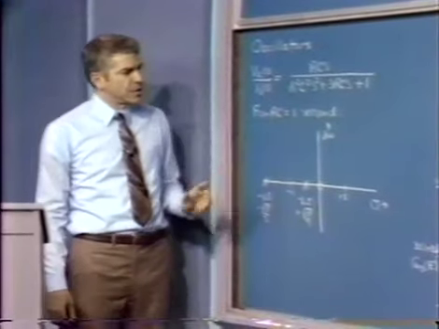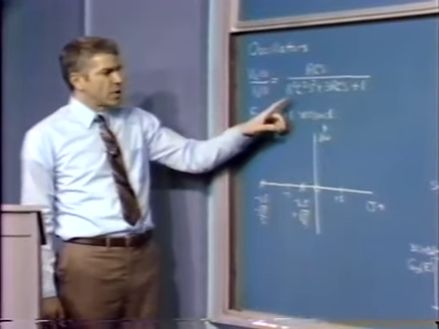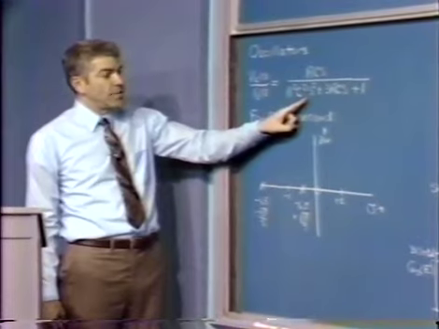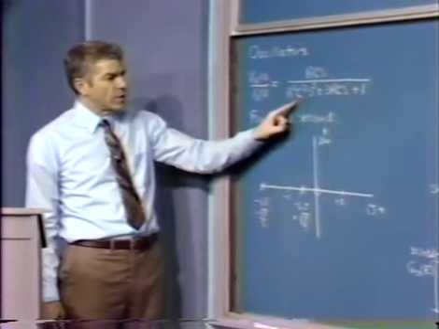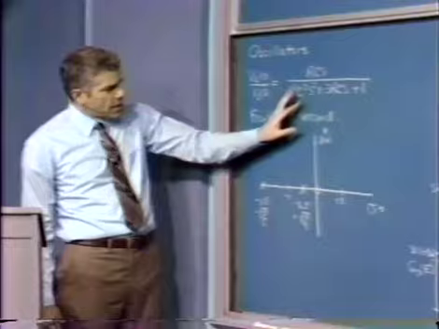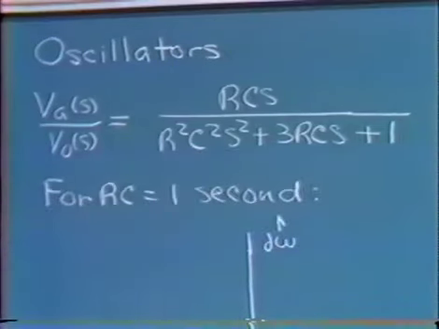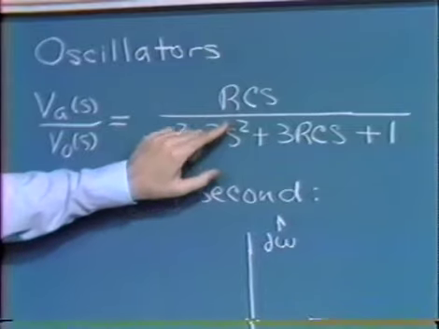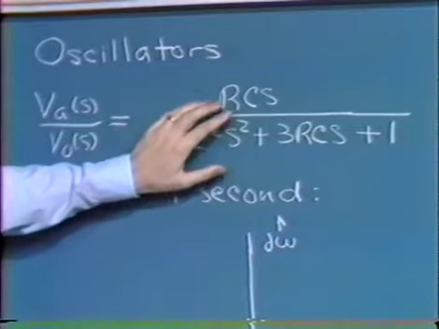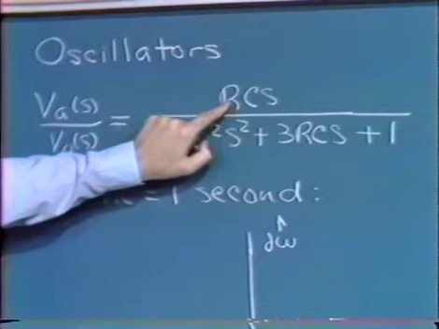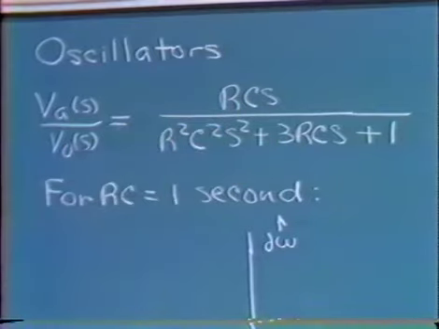At the tuned frequency of the Wienbridge, in other words, at S equals J omega, where omega is 1 over RC, the S squared term cancels the plus 1 in the denominator. At that point, the transfer function gives us a gain of RCS over 3RCS, or 1/3.